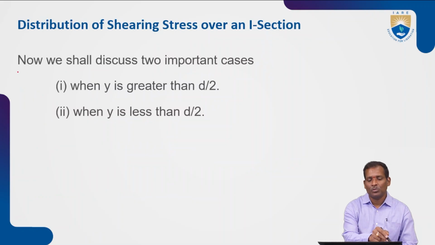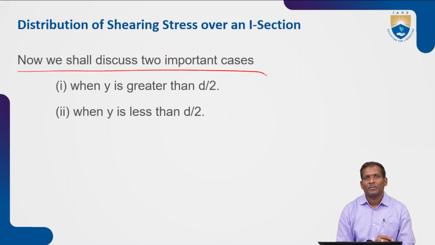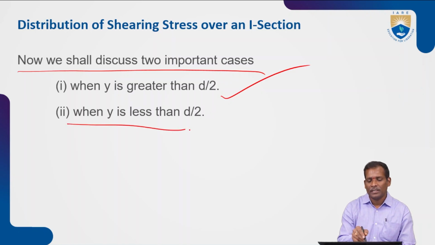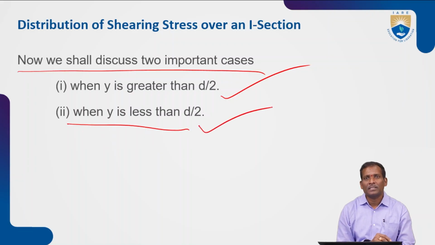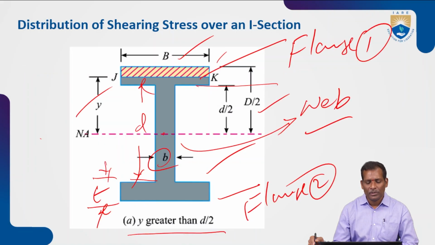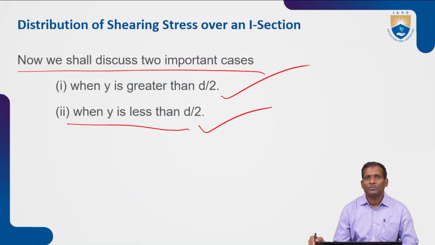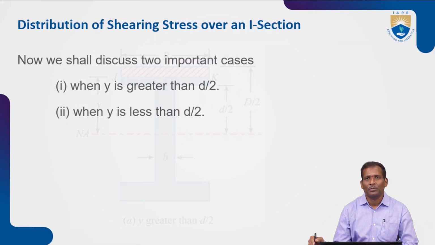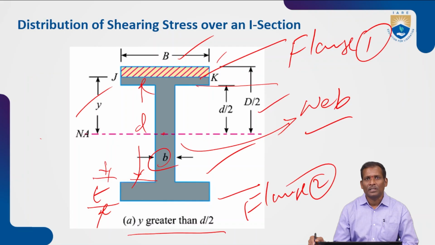Now we shall discuss two important cases. One is when y is greater than d by 2, and the second case is when y is less than d by 2. First, y greater than d by 2. See, in this section, all dimensions from the jk layer to the neutral axis is y.